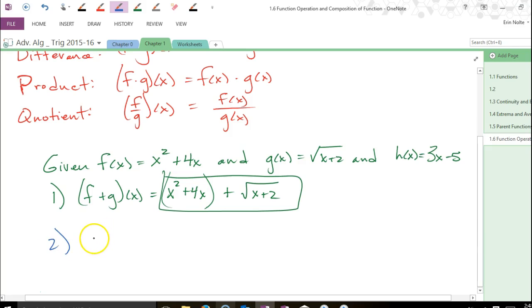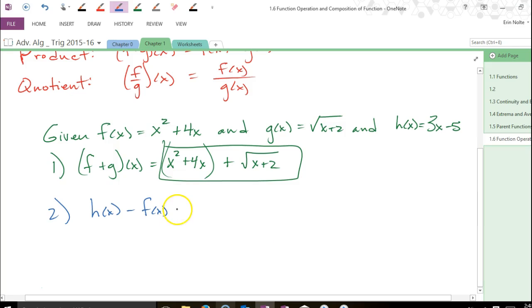Let's say it says find h of x minus f of x. Okay, where am I going to start with this one? What's my h of x? Good, thank you. 3x minus 5, and I'm going to subtract. What's my f of x? Good, thank you.